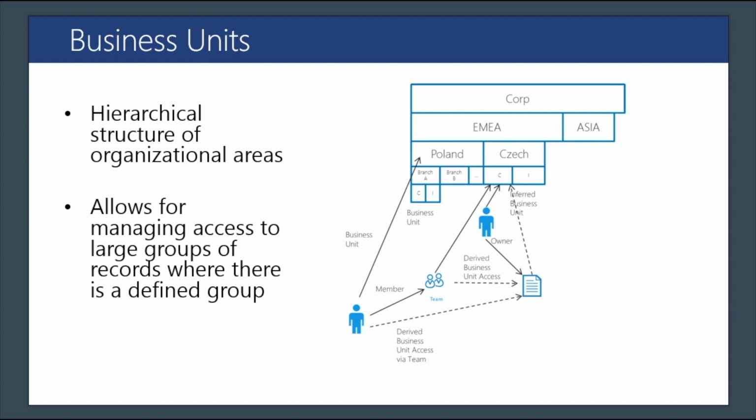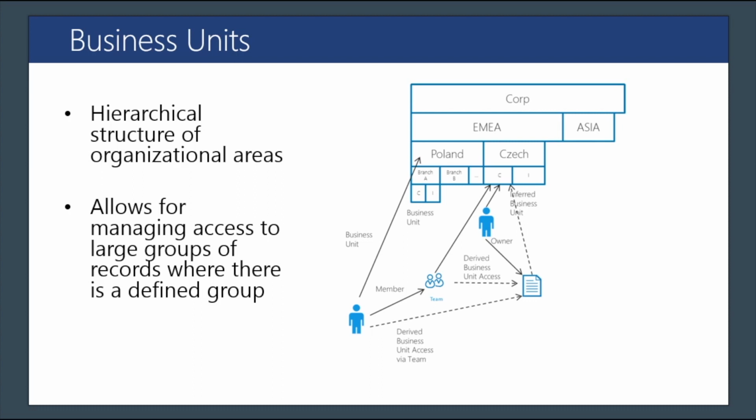Okay, so that one's a little bit confusing, so I'm going to walk through it one more time. So we have our user A, who's a member of the Poland business unit. We have our user B, who's a member of the Czech business unit. We have a team that is owned by the Czech business unit. So this team was created within the Czech business unit.